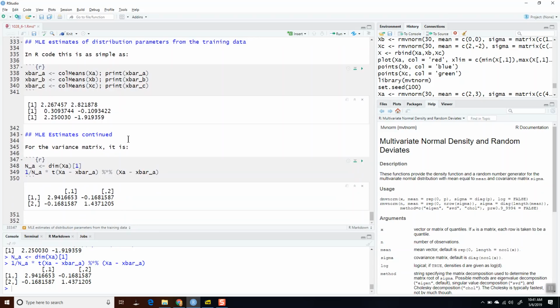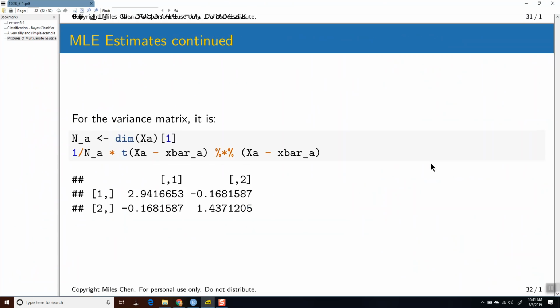As far as the maximum likelihood estimates for the variance go, I haven't typeset the formula yet, but it's basically like the variance, except we're dividing by 1 over n rather than 1 over n minus 1.